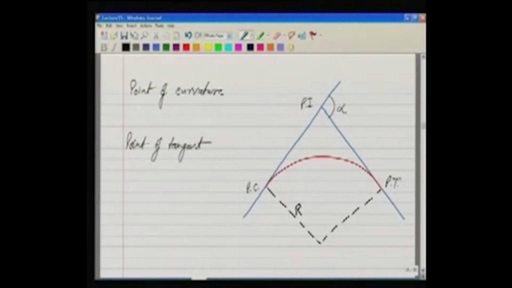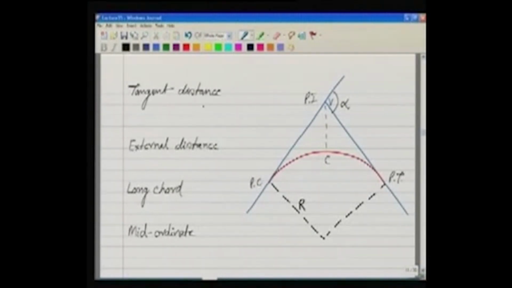Next definition is point of curvature. The point of curvature means the point from where the curve starts. That's the point from where our circular curve starts. The curve terminates here, and from here another tangent starts. We call this point of tangent.